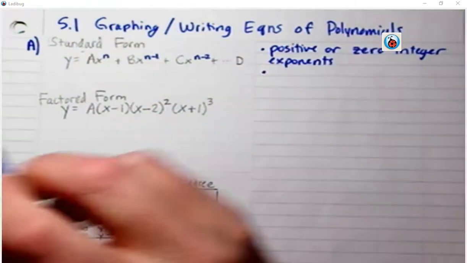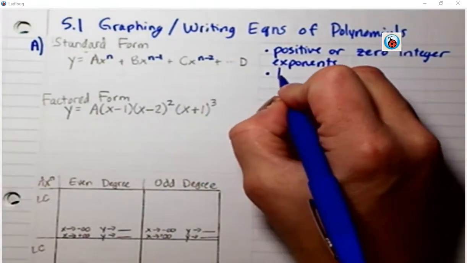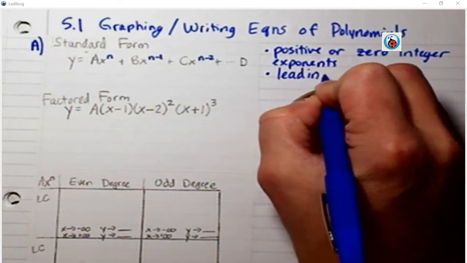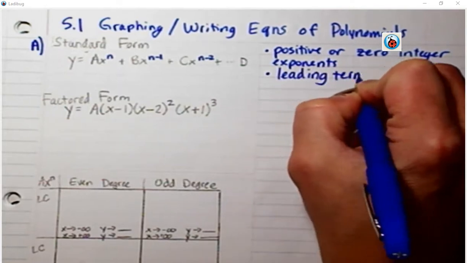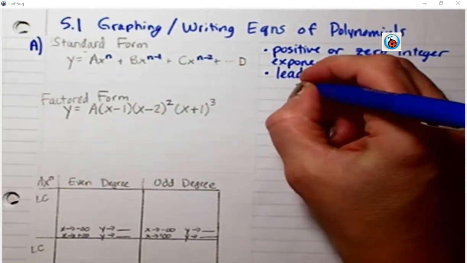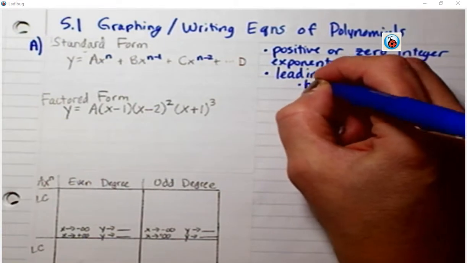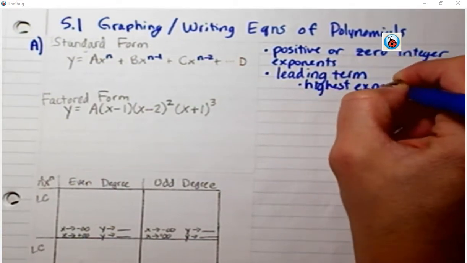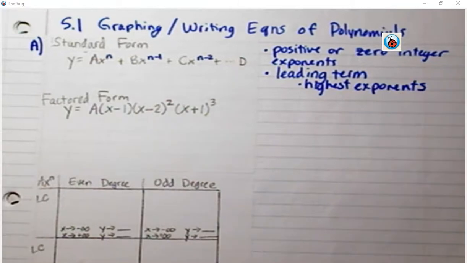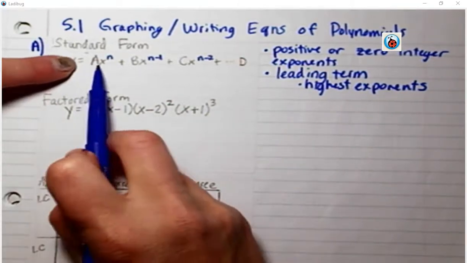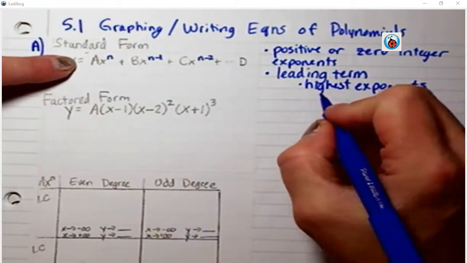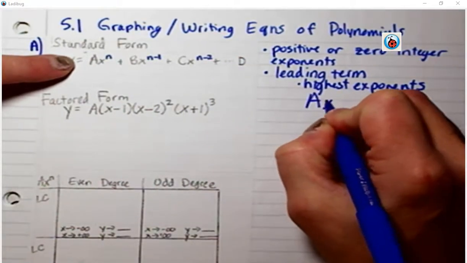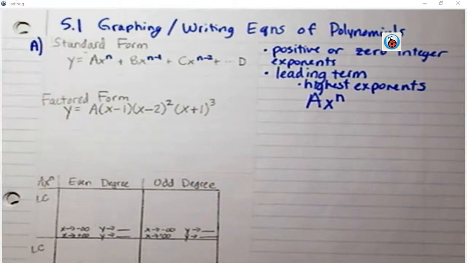Now, the thing we really need to know is the leading term. The leading term has the highest exponent. So if I am doing this in order, the leading term is ax to the n.